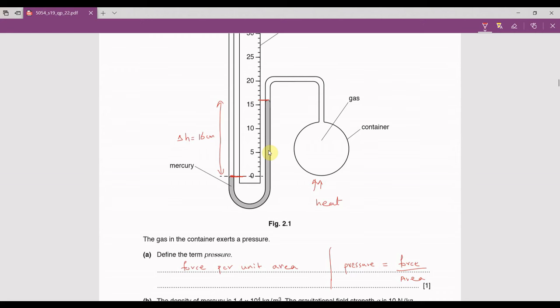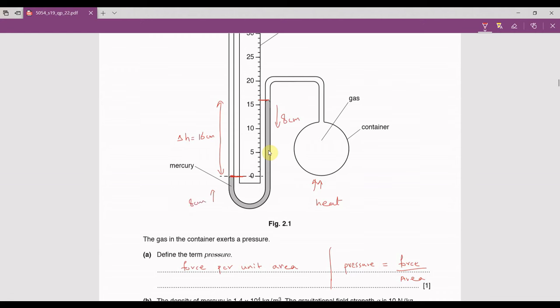Obviously the amount of mercury inside the tube is not changing, so the mercury that will drop on this side because of the pressure being applied to it is the same amount of mercury that will rise on this side. So the total difference between these two heights was 16 centimeters. So if they're going to come to the same level, this will have to drop down by 8 centimeters, and obviously this will have to go up by 8 centimeters.